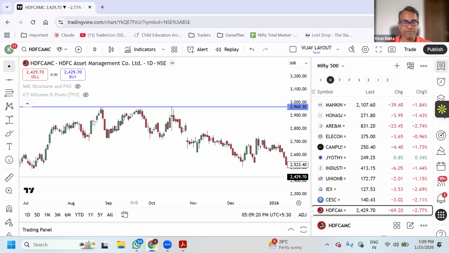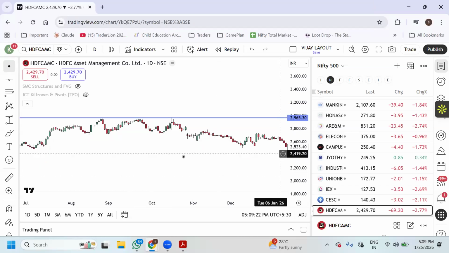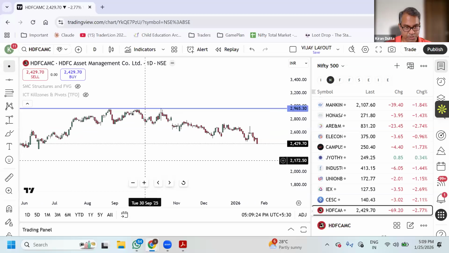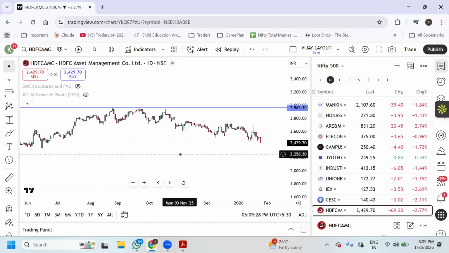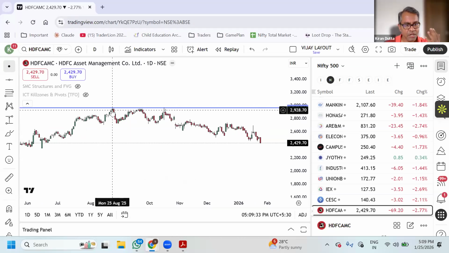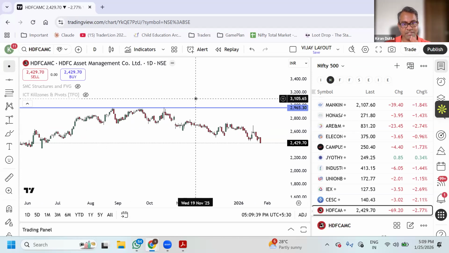Everyone got this? I drew this line without too much analysis, just looking graphically. You can draw this first line like this. Got it guys, everyone?